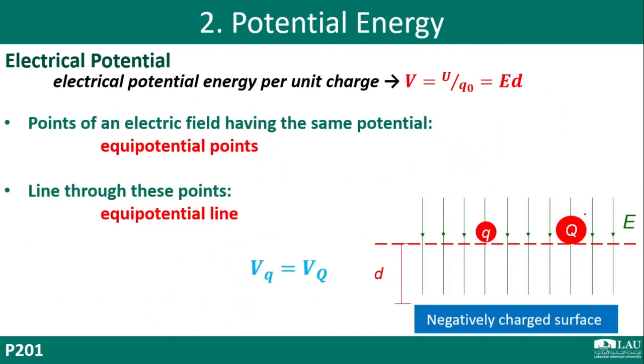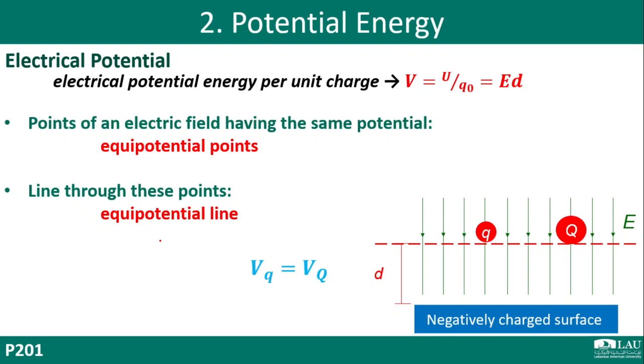So the points of an electric field having the same potential are called equipotential points. So small q and capital Q are equipotential points, points with the same potential. So V small q is equal to V capital Q. In case of several points, if we connect these points, they will be on the same line, what we call the equipotential line.